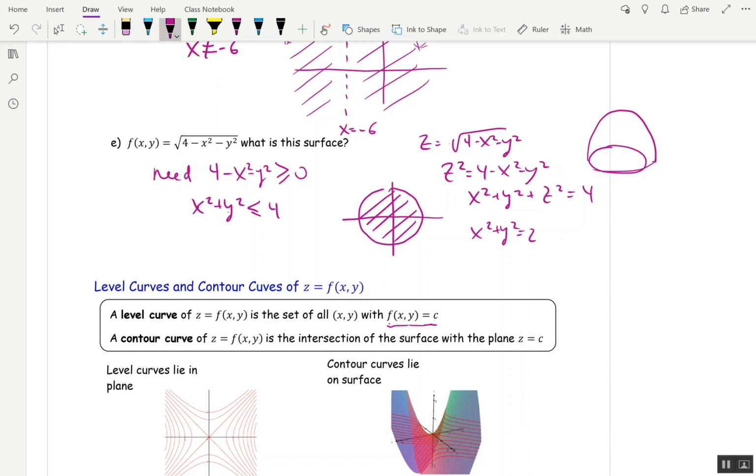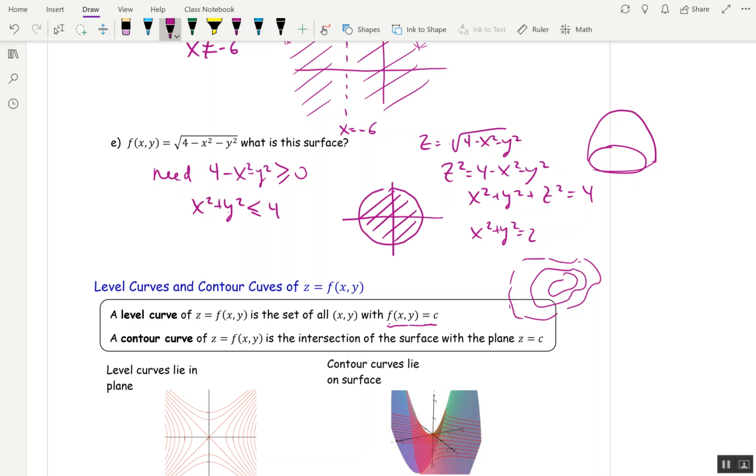If you've ever read a topo map, if you've gone hiking, that's a 2D representation of level curves. So if you look at a topo map, you might see a bunch of lines like this. These lines indicate curves in 3 space where the height, the elevation, is constant.